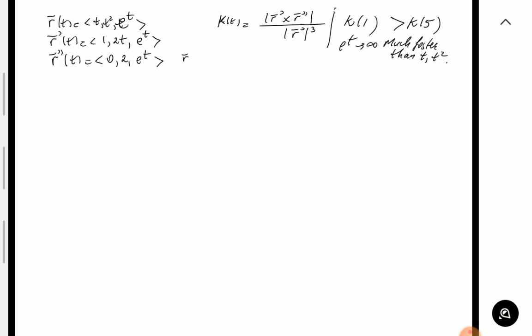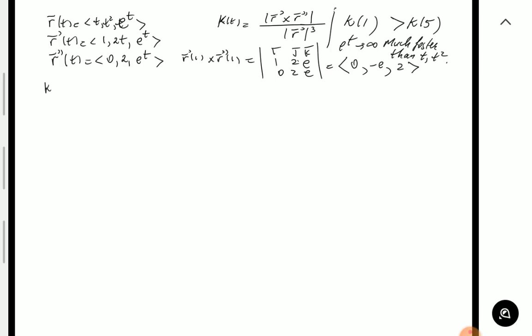So let's set up r prime of 1 cross r double prime of 1. Remember the formal determinant, the symbolic determinant. R prime of 1 will be 1, 2, e, and then r double prime of 1 is 0, 2, e. All right, so we have the components 2e minus 2e, which is 0. Middle guy is minus e, and then 2.